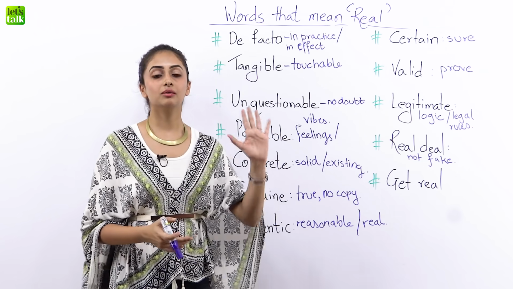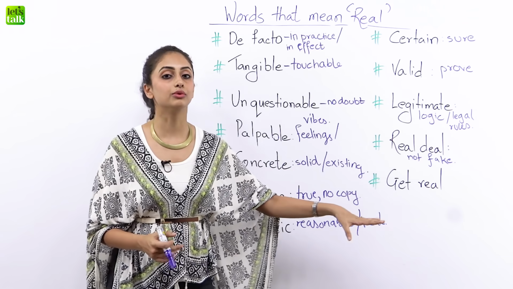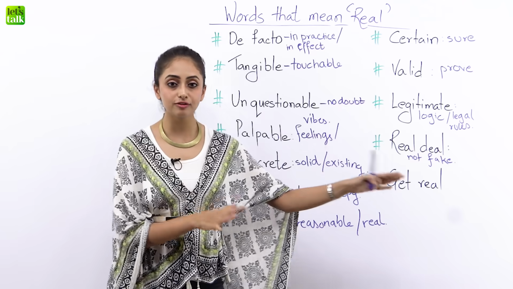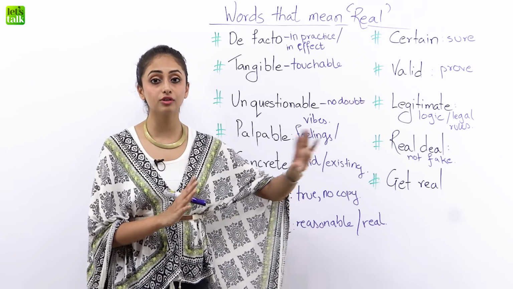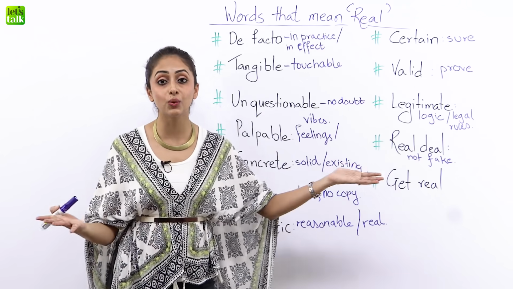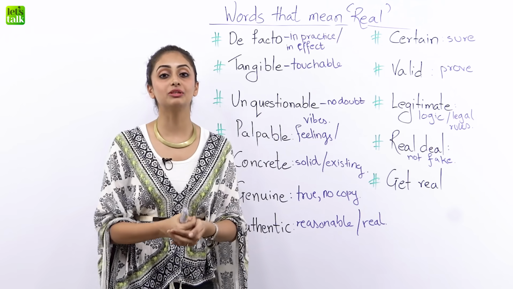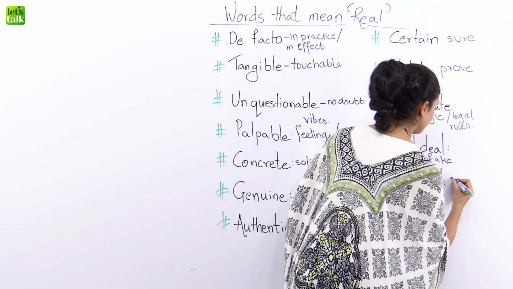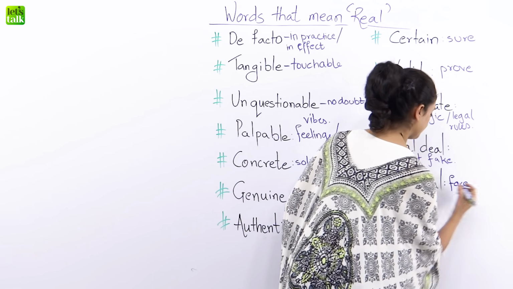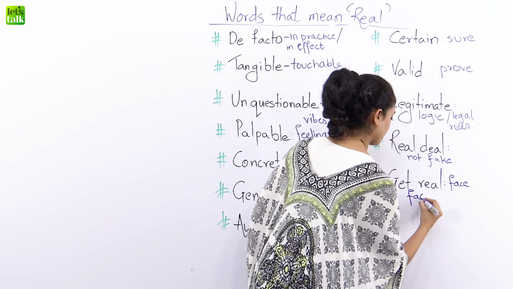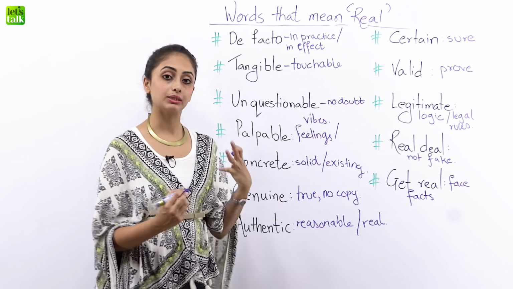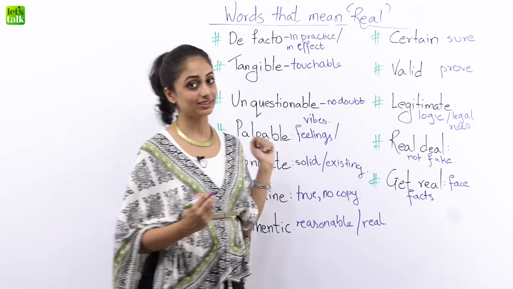You're being completely unreasonable and you need to get real, which means get out of your depression zone or get out of your imaginary zone and get into real business, not imaginary, which is again, face facts. Face facts and face reality is simply what it means to get real.